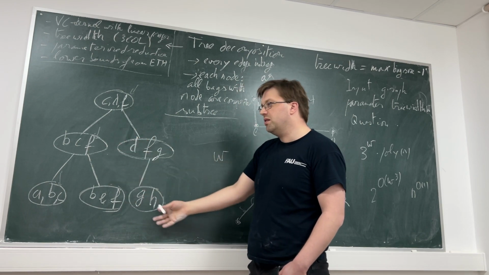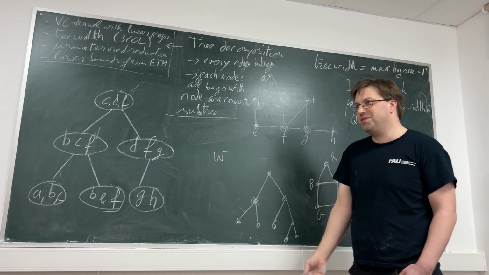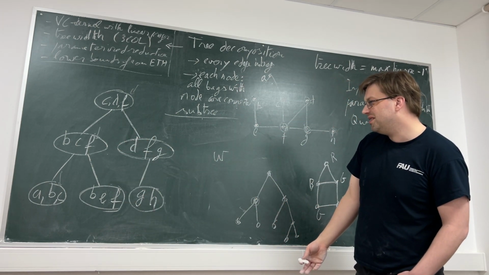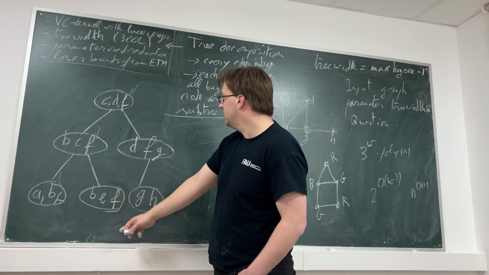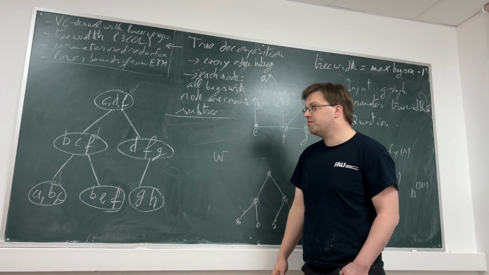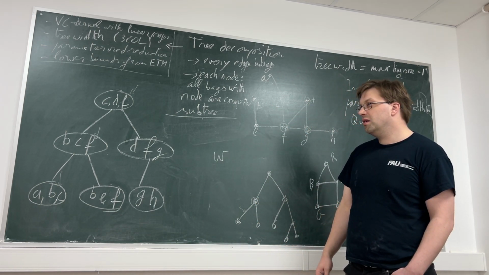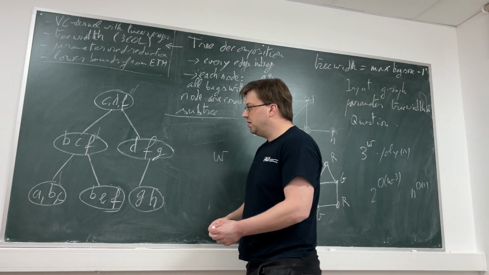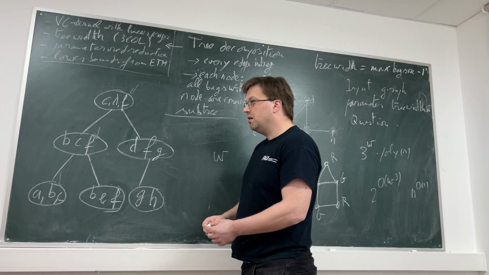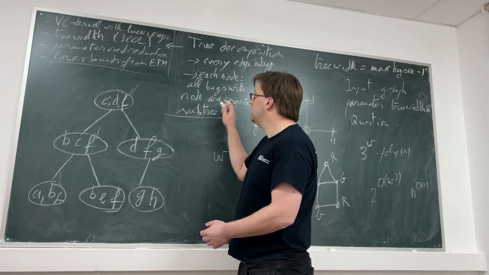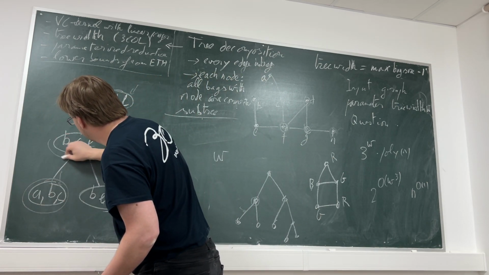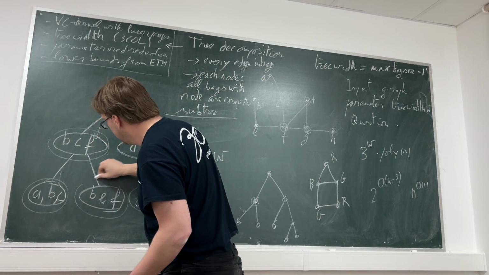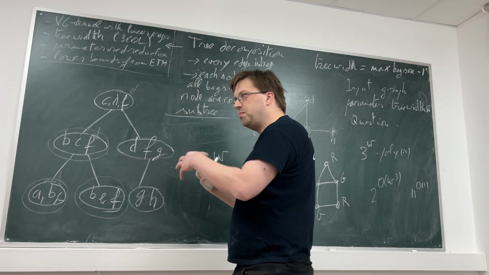But here we don't have enough branching to get a real subtree. For node B, maybe. So choose a node, for example node B, and then circle all the bags that contain B. This will be a subtree. It must be a connected subtree.